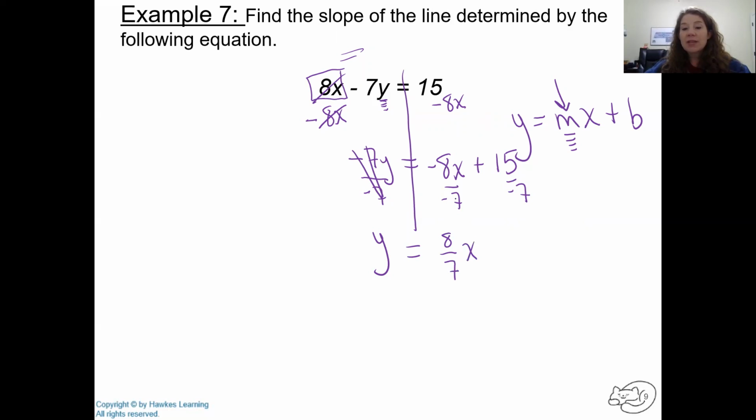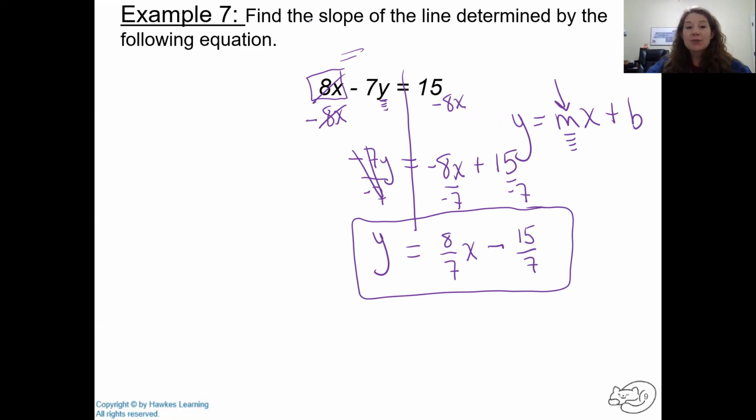So negative 8 over negative 7 is equal to 8 over 7 times x. And then 15 divided by negative 7, a positive divided by a negative is positive. It is not. It's negative. Positive divided by a negative is negative, and we're going to leave this in fraction form because it's not a whole number. That's the equation of the line, but now I answer the question.